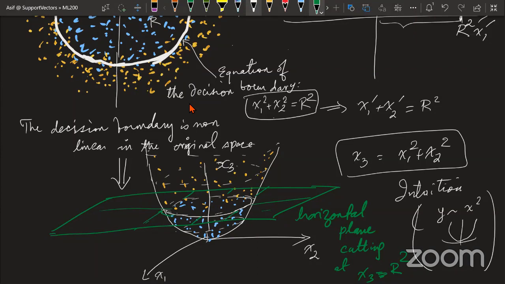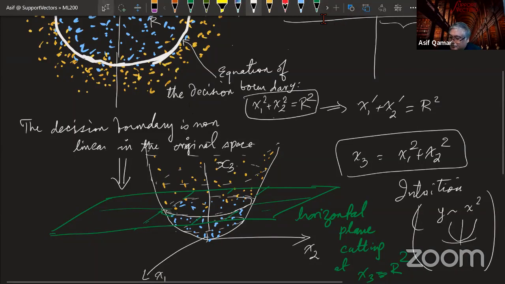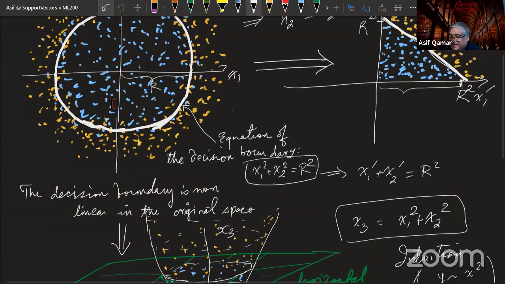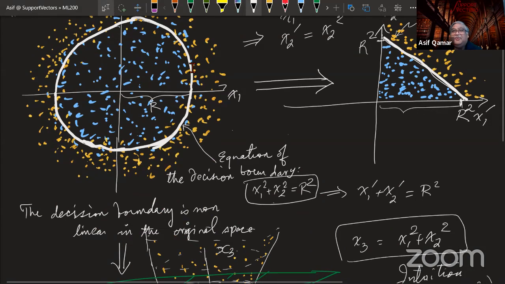It sort of looks like the surface of a telescope, a radio telescope, parabolic. So guys, I hope you can see how you can take data. Do you notice that in this space, the decision boundary was circular?